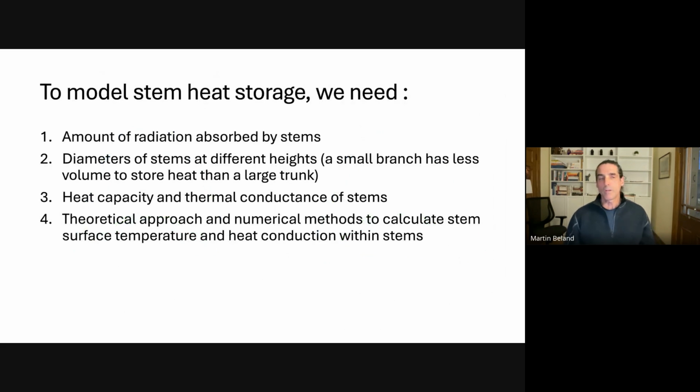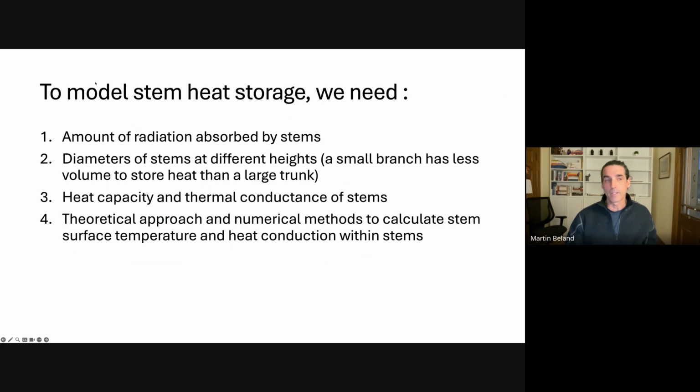So from here, we're trying to model the heat storage, how much heat these stems are storing during the day, and how it is released at night. And we need a few things. We need the amount of radiation that's being absorbed, so we have that now. We need some sense of the size of these stems and how that changes with height, because a large trunk is going to be able to store a lot more heat, obviously, than a small branch.